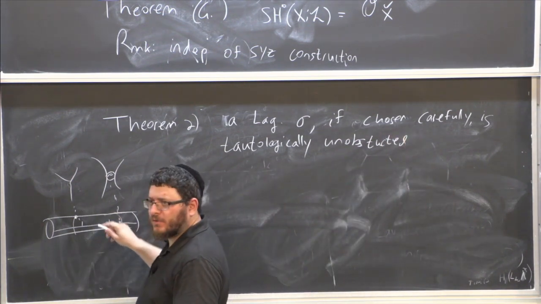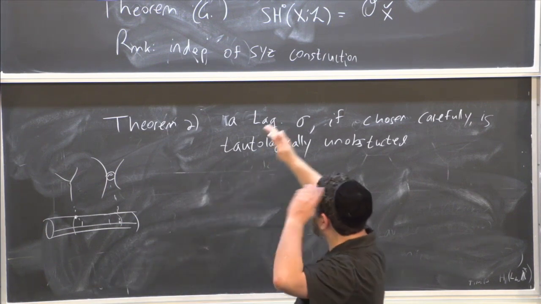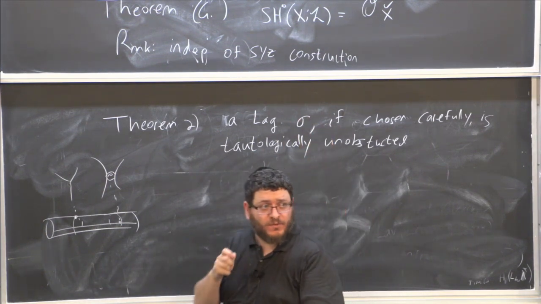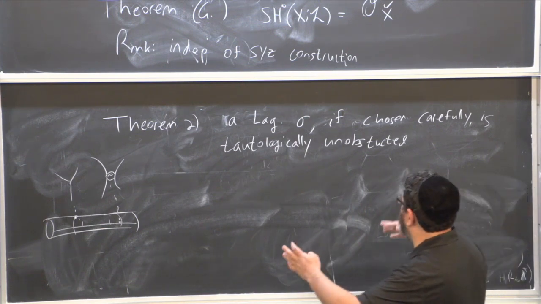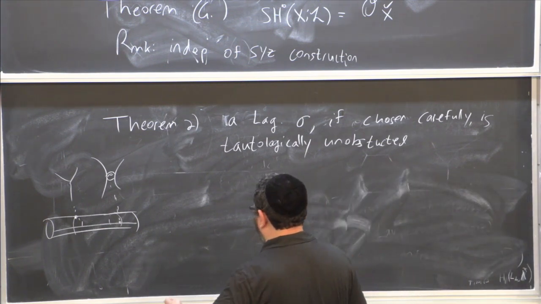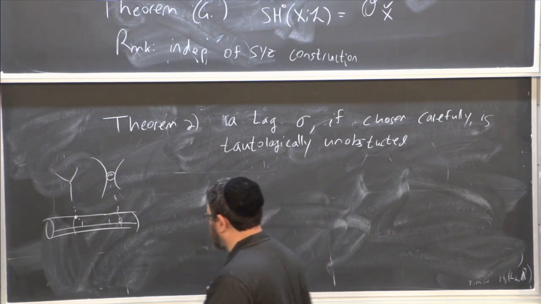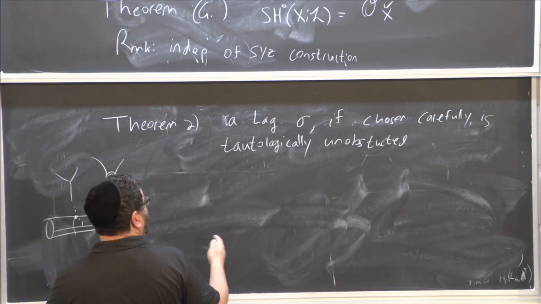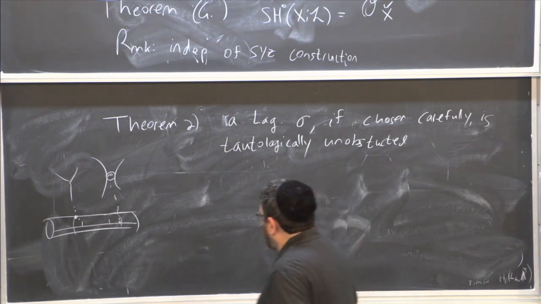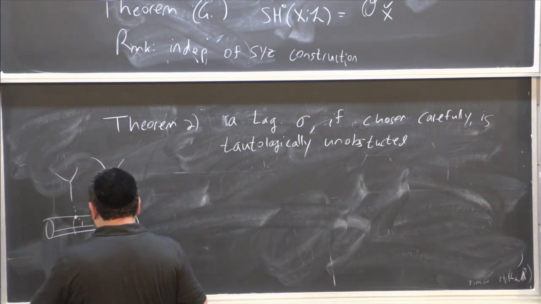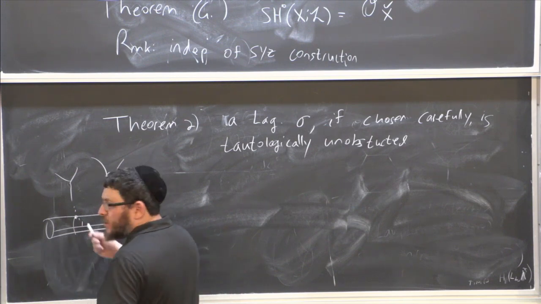Let's fix this standard complex structure, which we obtain from the standard symplectic structure when you do the symplectic reduction, because it's equivalent to some kind of GIT quotient. So if we use that one, there will be no disks.